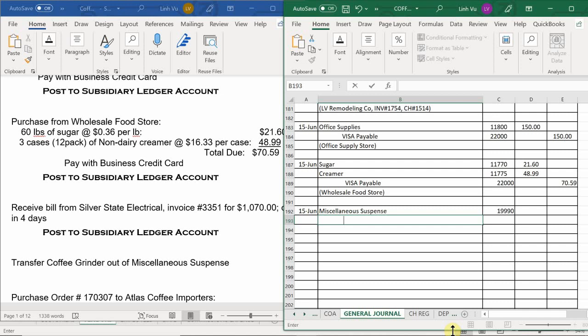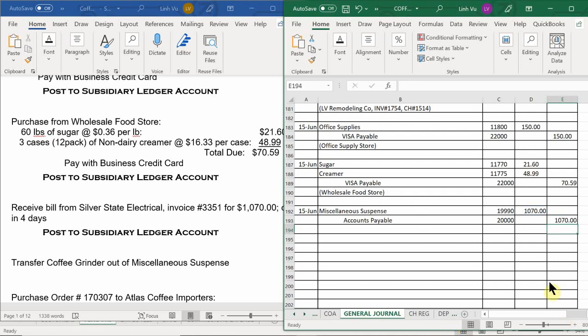Okay. So accounts payable. And we have $1,070 that we have to pay.